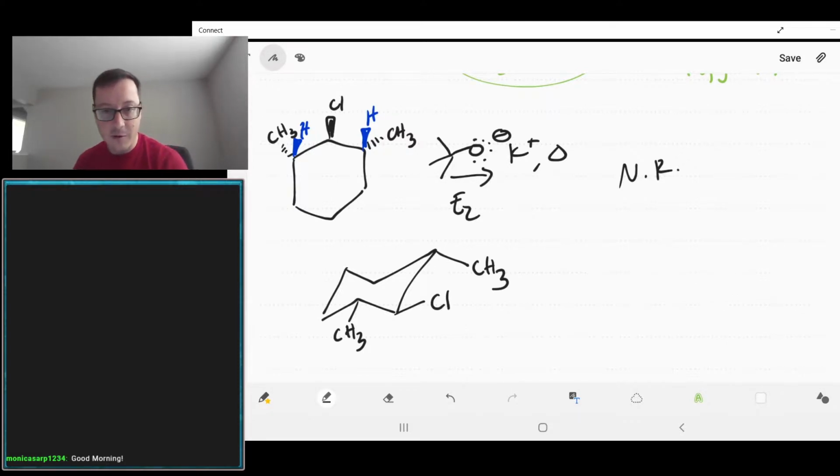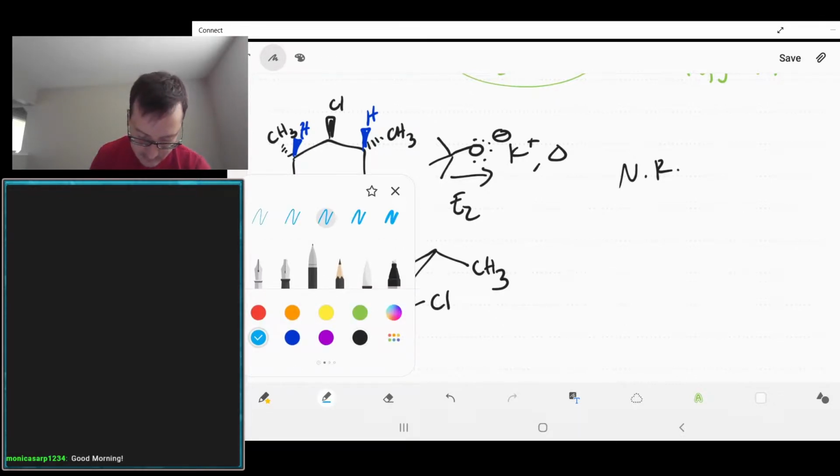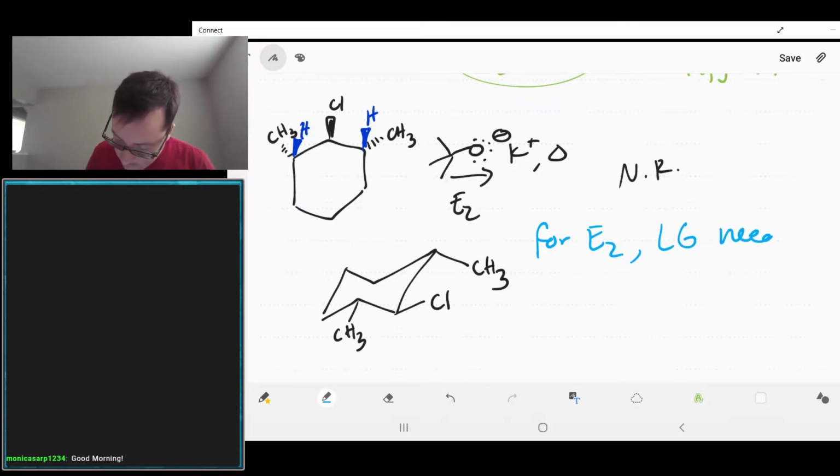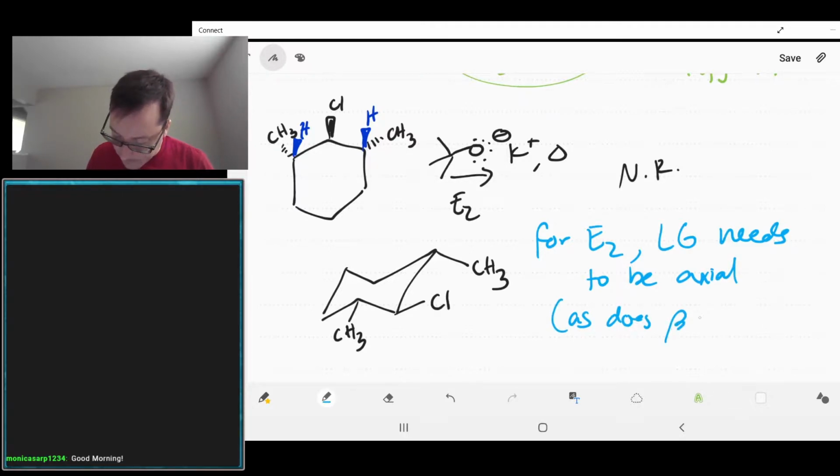You can nicely make them all equatorial and happy. But the problem is the leaving group needs to be axial, as does the beta hydrogen.